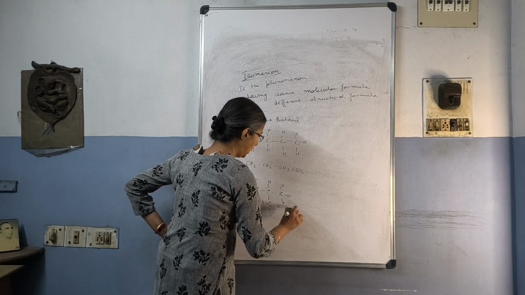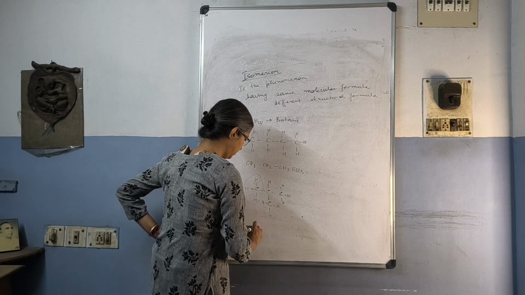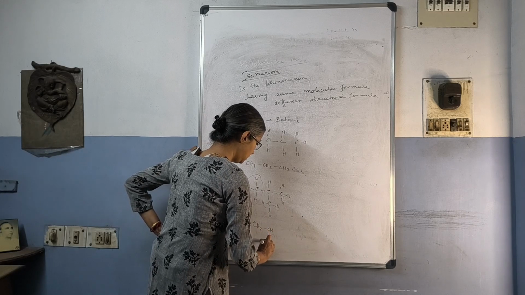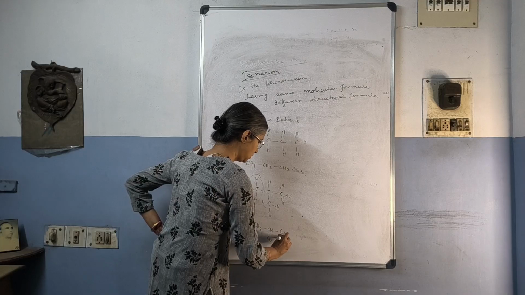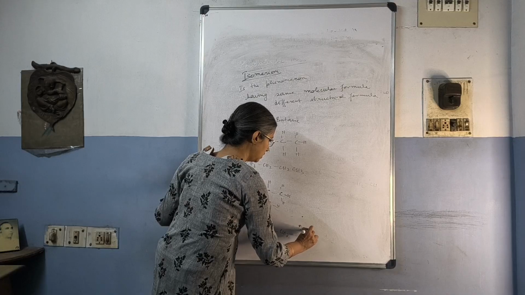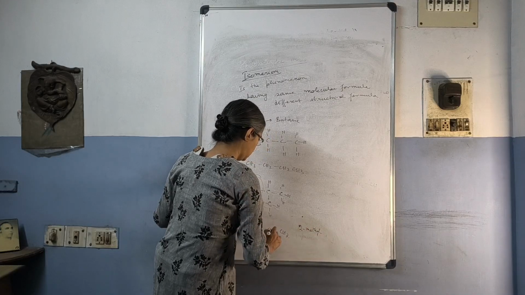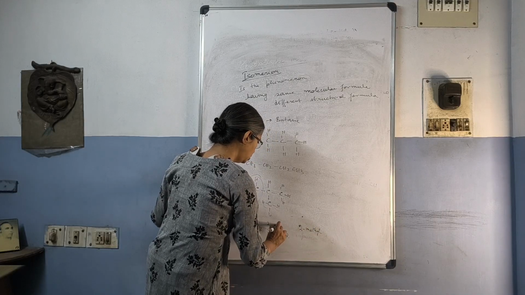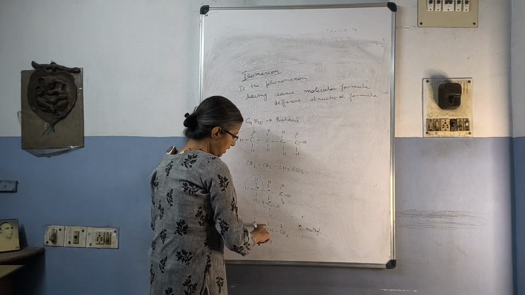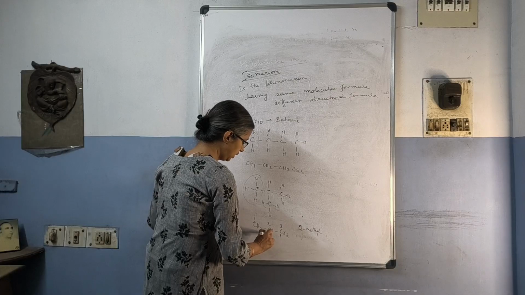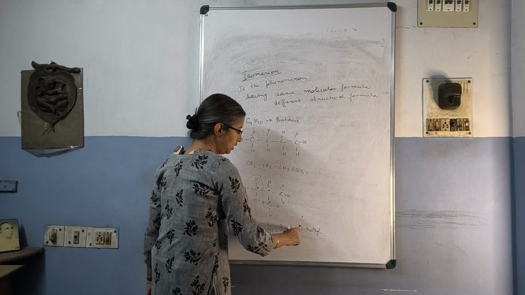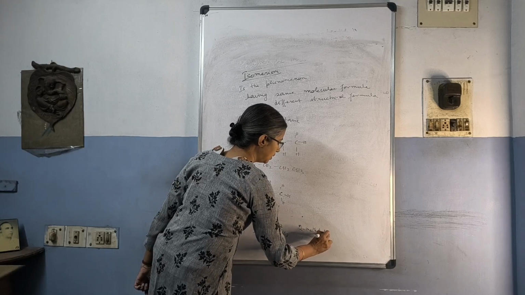So ultimately we will have CH3CHCH3CH3. That is 2-methyl propane. 1, 2, 3. In this way we will number it. From this side we can do, or from this side also. In both the sides we get 2 as the middle position. That's why the name is 2-methyl propane.